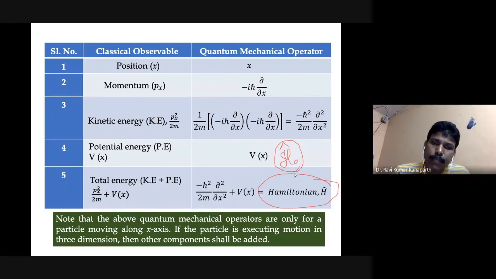Now, this is for one dimension, and these are the quantum mechanical operators. Suppose you extrapolate this discussion to a particle freely moving in three-dimensional space. Recall the example we discussed in the previous class, yesterday's class, while discussing postulate number 1.